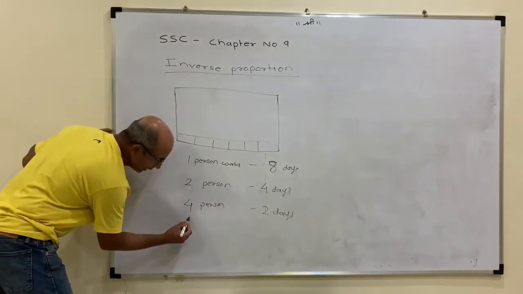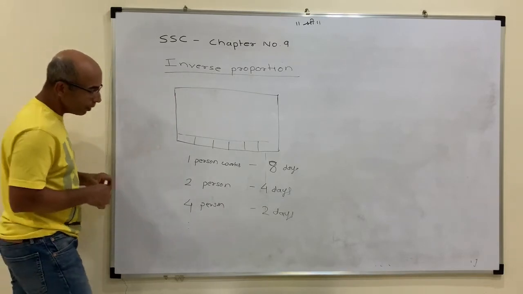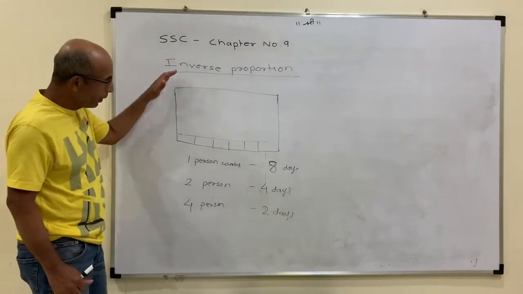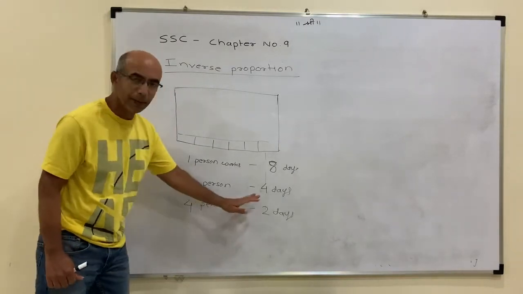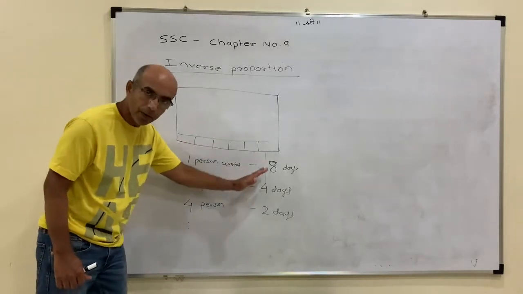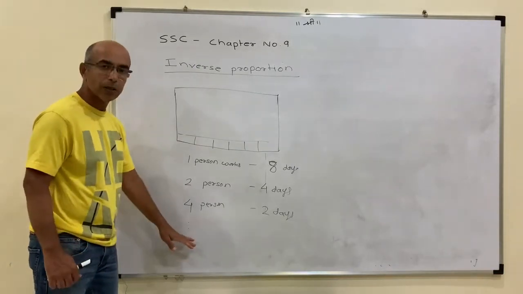So, as I increase the number of people, the total duration required to build this wall will be decreasing. So when I increase the persons, the number of days is decreasing. This is called inverse proportion.